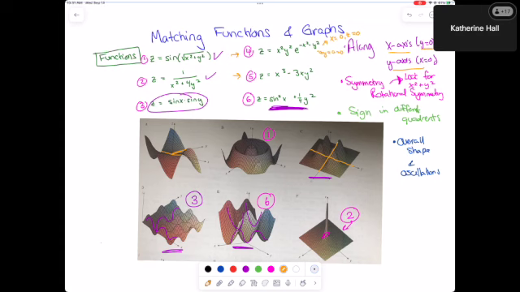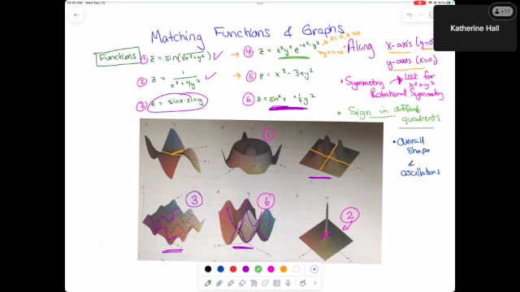And then what about the signs in the different quadrants? Does the sign, the positive and negativeness of this function, depend on if x and y are positive or negative? No, because e is always positive, and x squared is always positive, and y squared is always positive. So I've got a bunch of positive numbers I'm multiplying together.